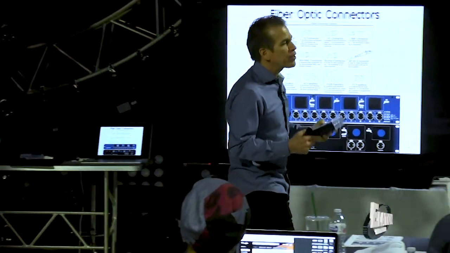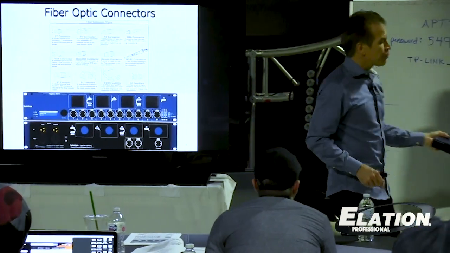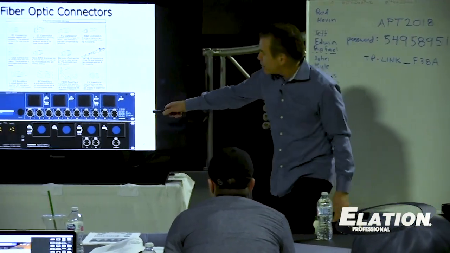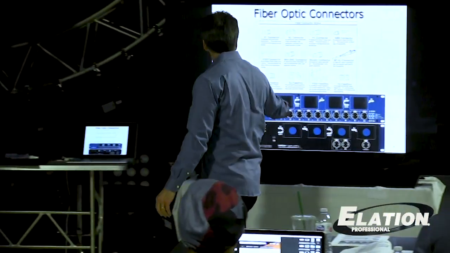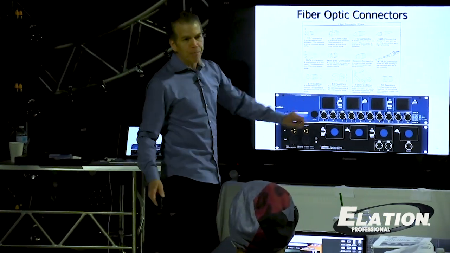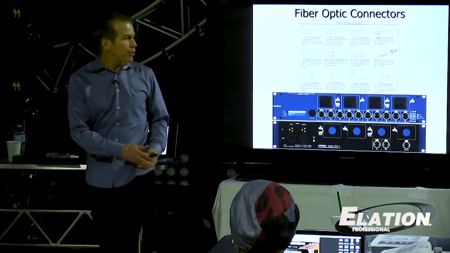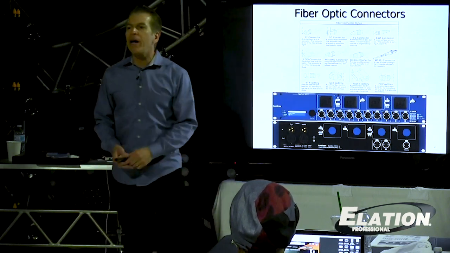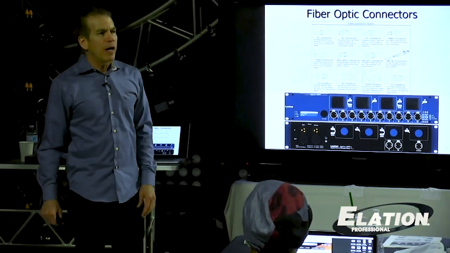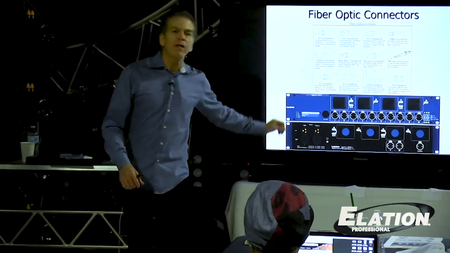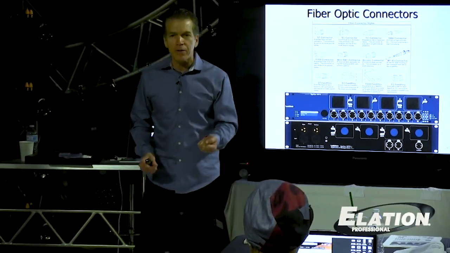But there are some switches that have fiber ports as well, like this one right here. If you see something with a fiber port, that will tell you what kind of connector you need. This particular one uses FiberCon, which is a Neutrik connector. So if you're going to use this switch, you need fiber optic cable with FiberCon connectors on it.